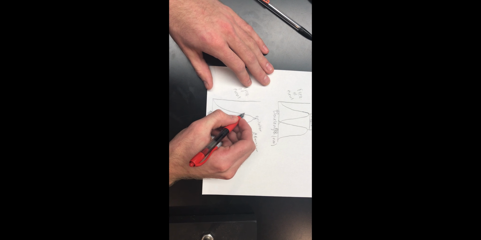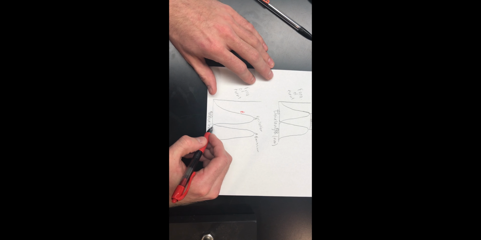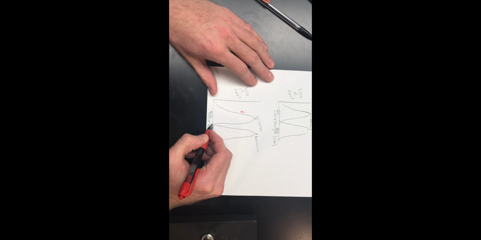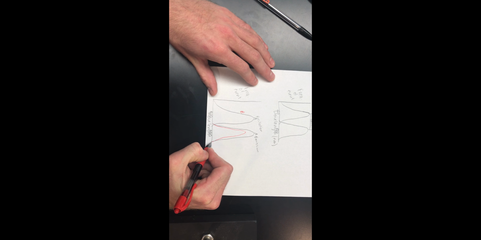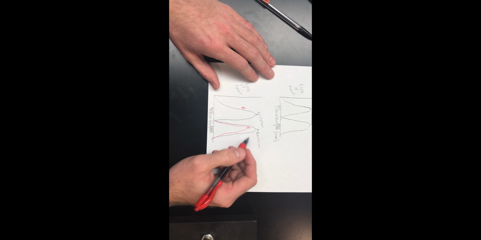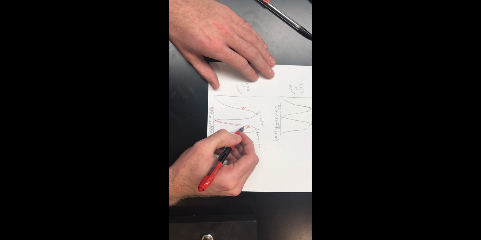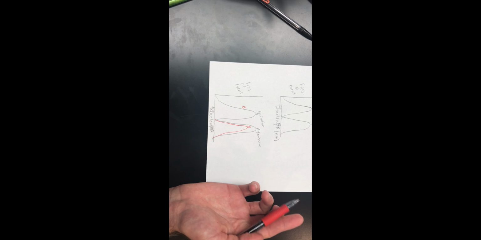Now let's say we excite around 610. You take a look at the emission peak that's going to be detected, and you're going to get a decrease in the amount of light that's emitted and detected by either your eye or the camera that you're using to examine your specimen.